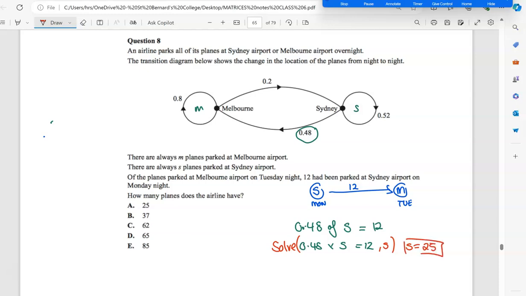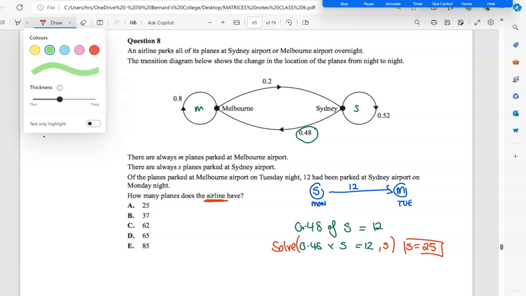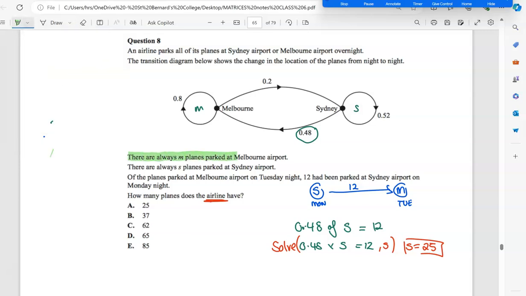So that's told me what Sydney has, but it says how many planes does the airline have? So I still need to find what Melbourne has. But the key was up here. It said that there were always M planes parked at Melbourne and always S planes parked at Sydney.